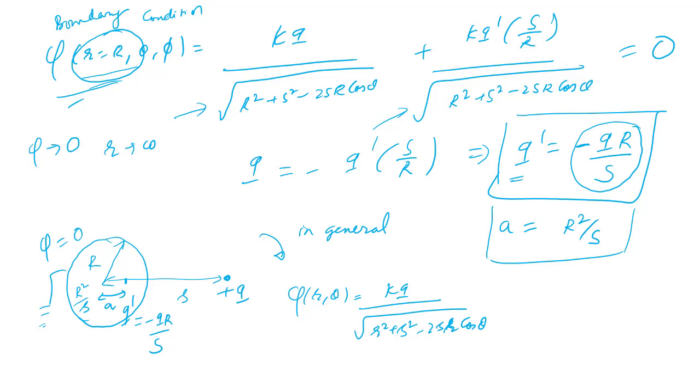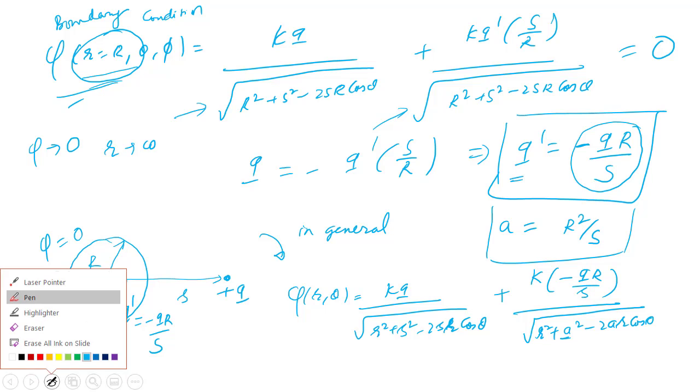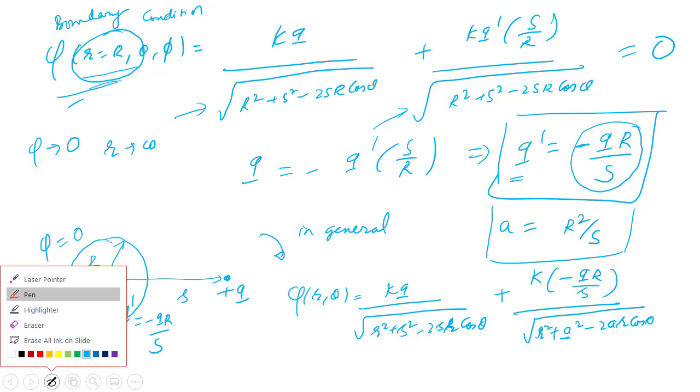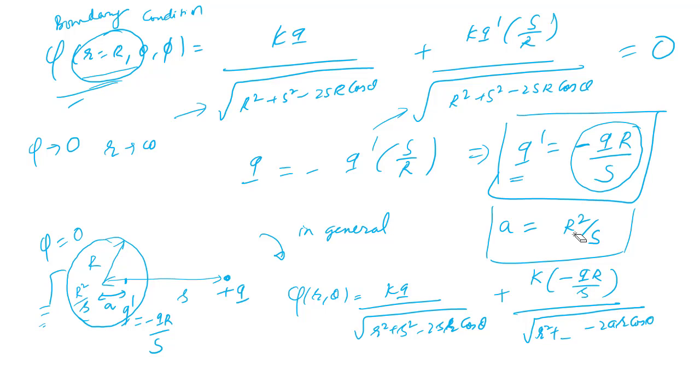So plus the image charge, which is minus QR by S, divided by the square root of r squared plus A squared minus 2Ar cosine theta. But we know that A squared, instead of A squared, we can write R to the power 4 by S squared, right? We can write that.